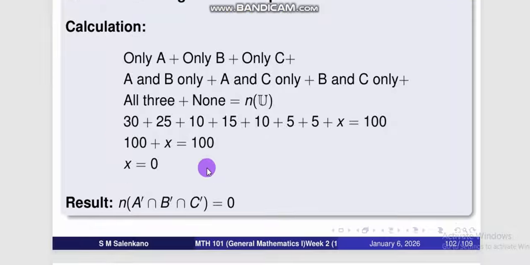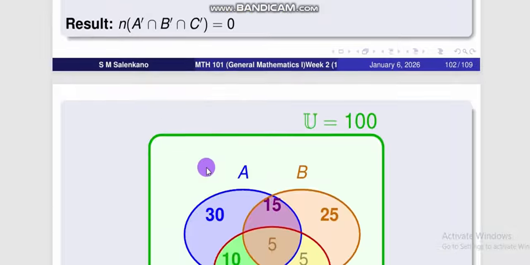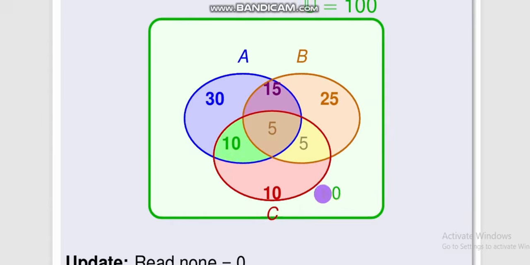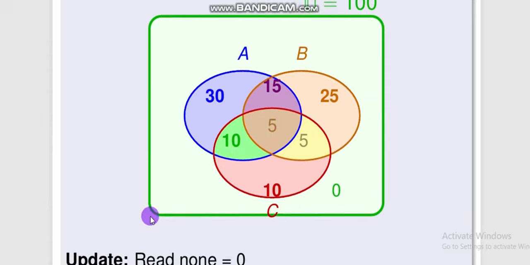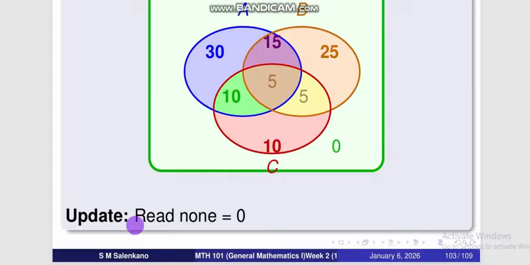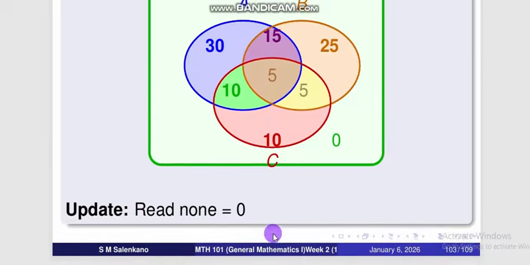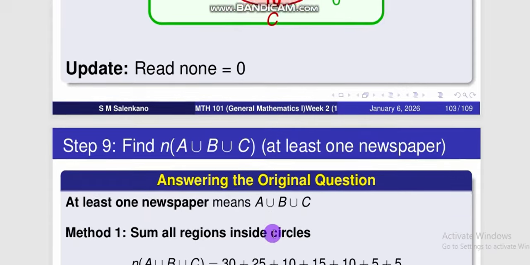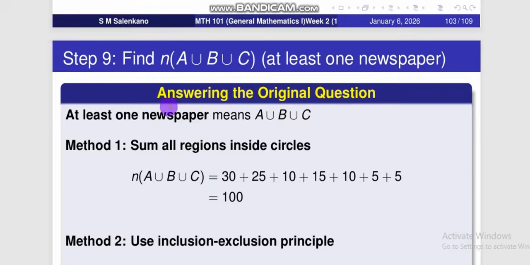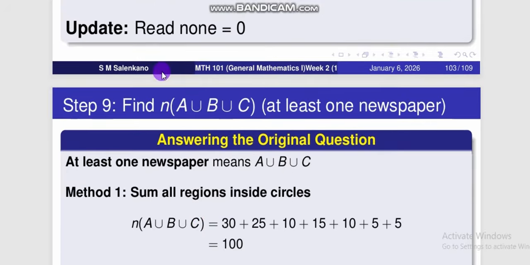So we are going to write 0 here. The number who read none is 0. So if we want to find the number who read at least one, it means we have to unite A, B, and C, right?